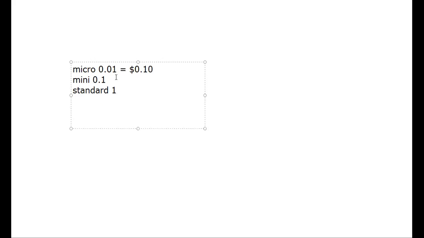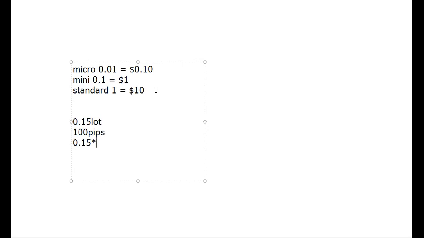So 0.1 equals $1, and 1 lot equals $10. To get the amount, let me quickly do this. If I traded 0.15 lot size, and I made a profit of 100 pips, how much did I make? 0.15 times 10 first.